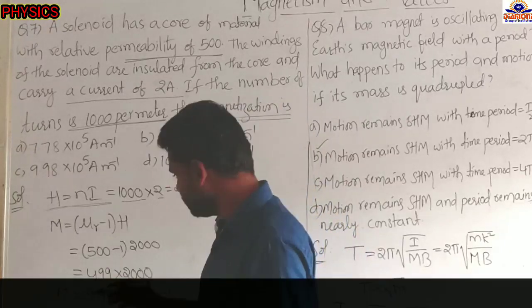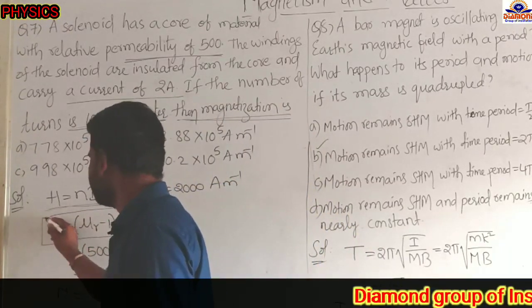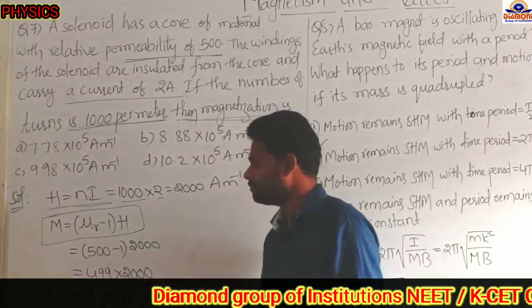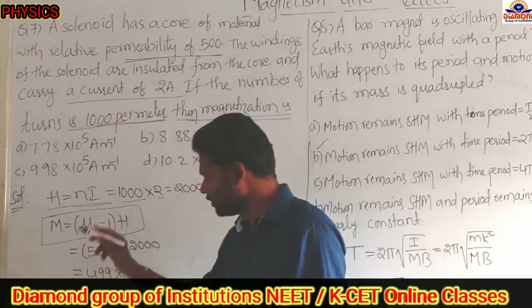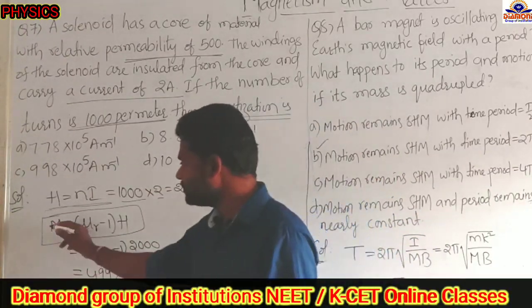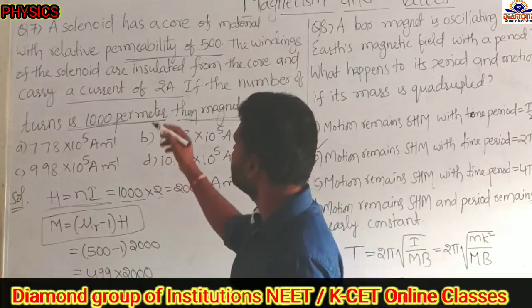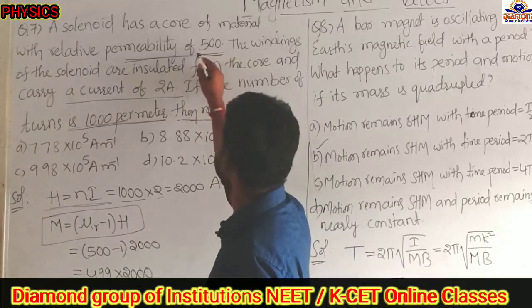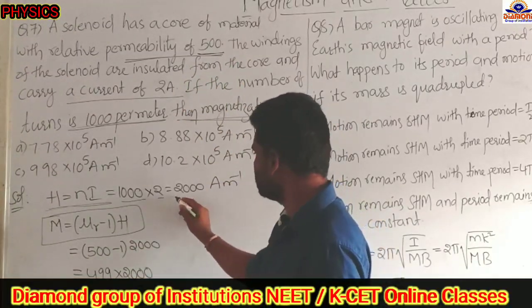The relationship between the intensity of magnetization and the intensity of magnetic field: the formula is M or I equals (mu r minus 1) into H. Mu r is the relative permeability, H is the intensity of magnetic field, M is the intensity of magnetization. Now the mu r value given is 500, so 500 minus 1 is 499, into the H value we found already, 2000.